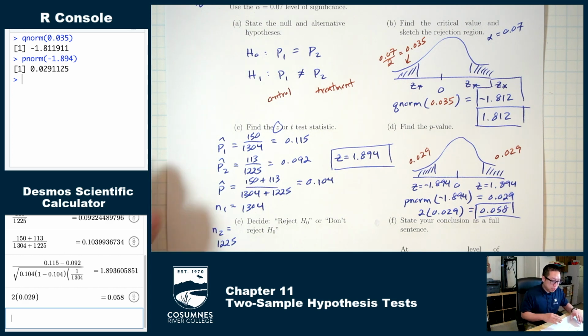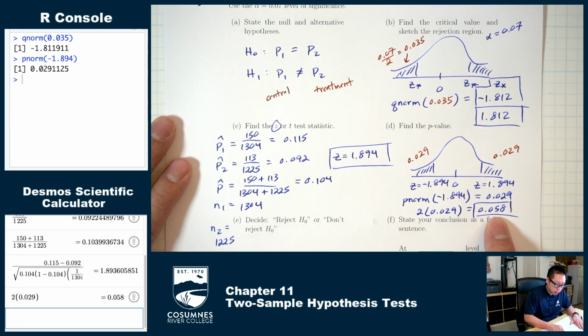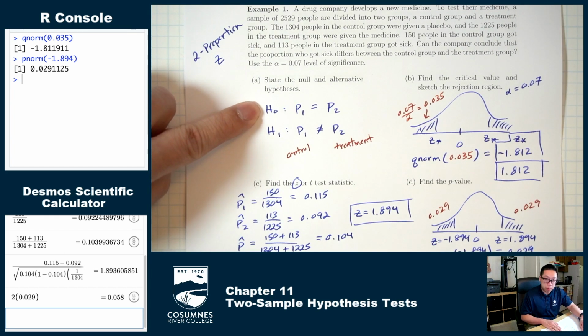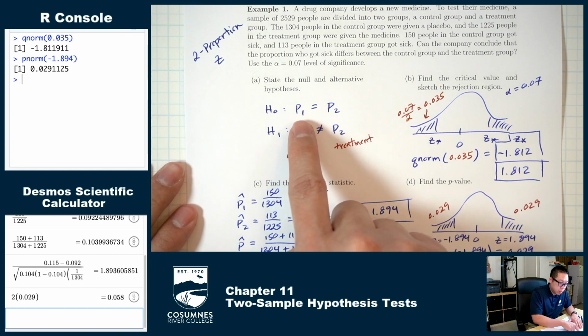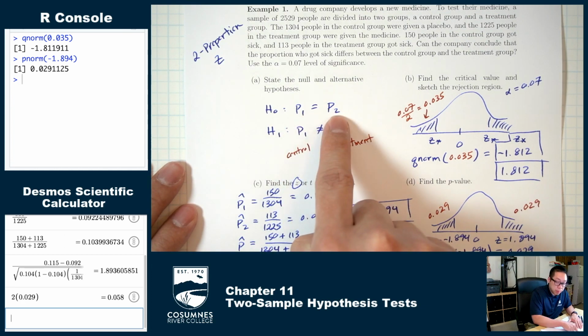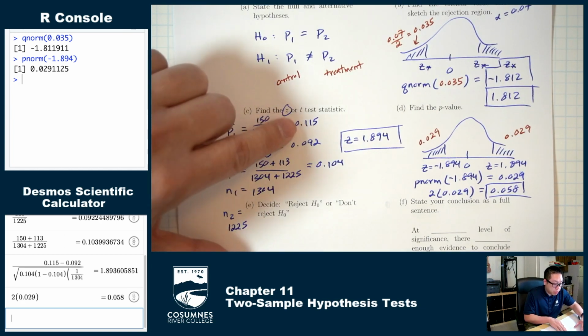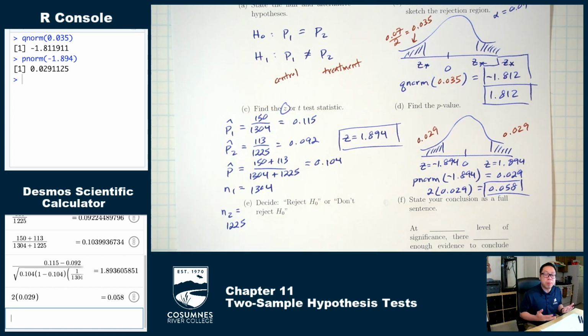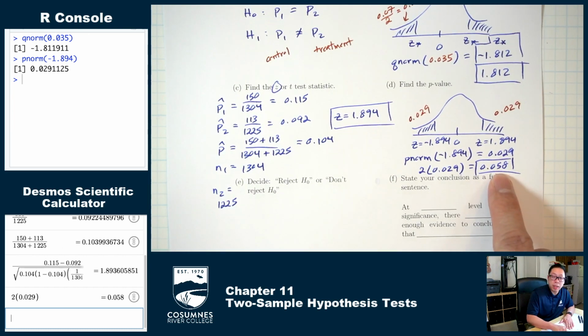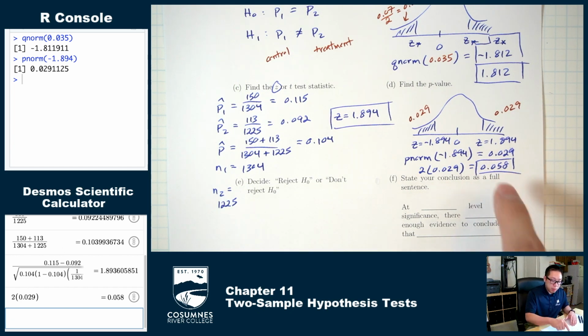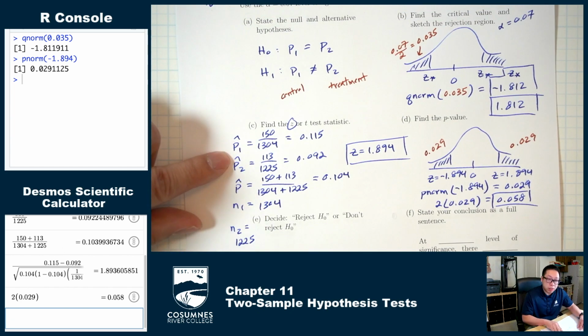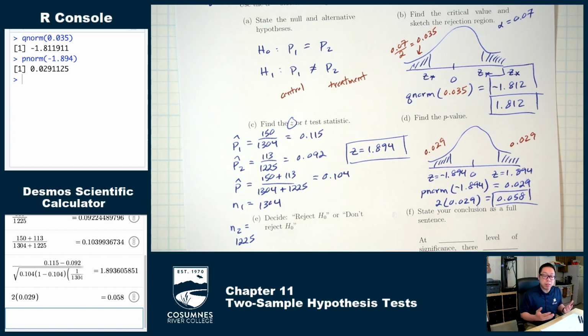Could this difference have happened just by pure chance because we have two different groups of people? So what this p-value is saying is, assuming H0 is true, so assuming that the two groups are actually the same, this difference that we're seeing could have happened by pure chance this percent of the time, which is 5.8%.